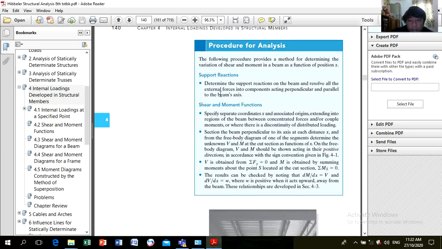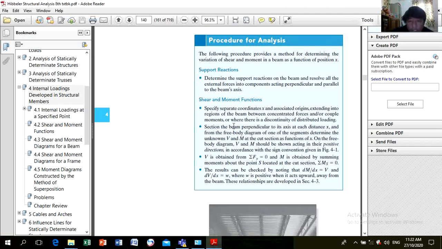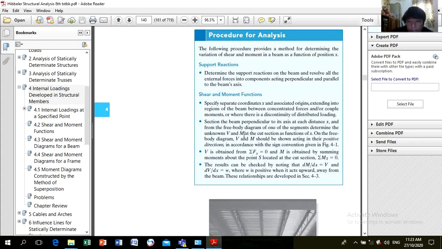So what are the procedures? The same. Determine the support reaction. Then for the shear and moment function, specify separate coordinate x and associated origin extended into region of the beam between concentrated force or couple moment or where there is discontinuity of distributed loading. Section the beam perpendicular to its axis at each distance x, and from the free-body diagram of one of the segments, determine the unknowns V and M at the cut section as a function of x.